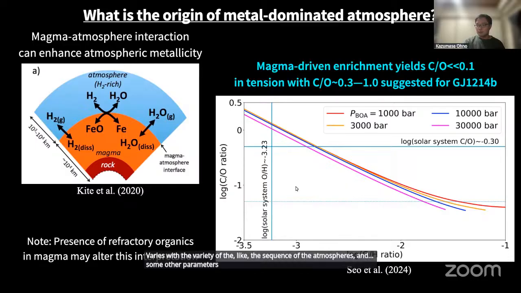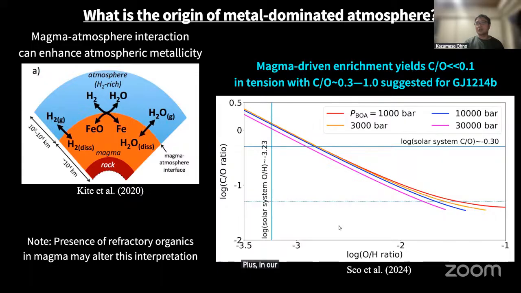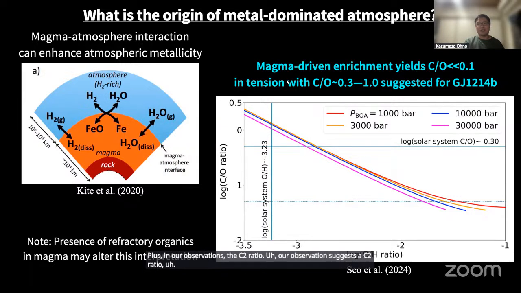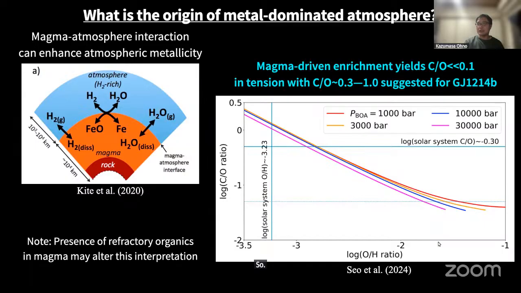And generally, they found that the C/O ratio can be much lower than 0.1. But our observation suggests the C/O ratio is higher than roughly 0.3. So such an extremely low C/O ratio may not be consistent with what we suggest for GJ1214b.